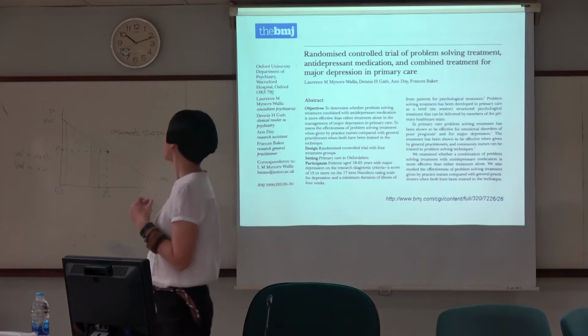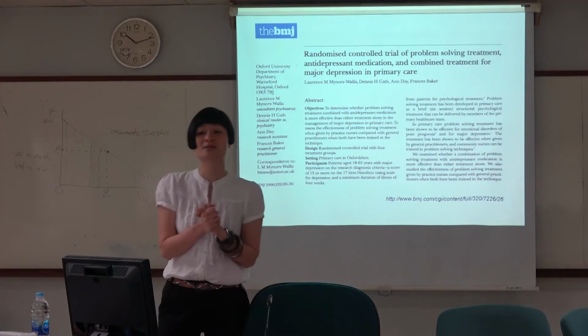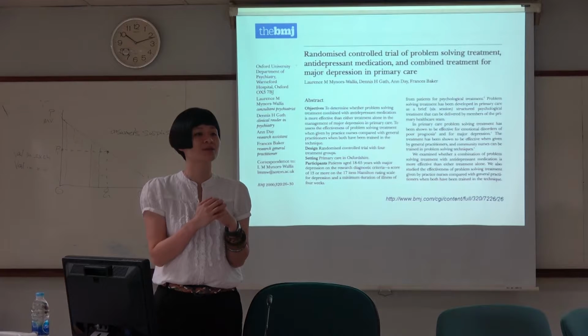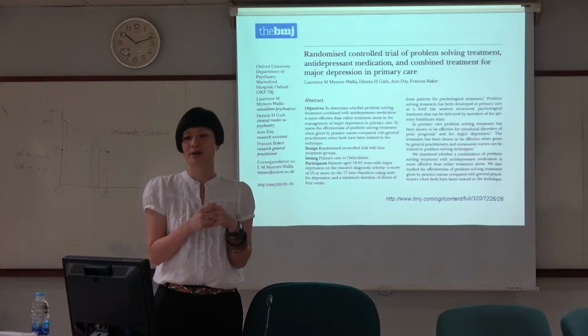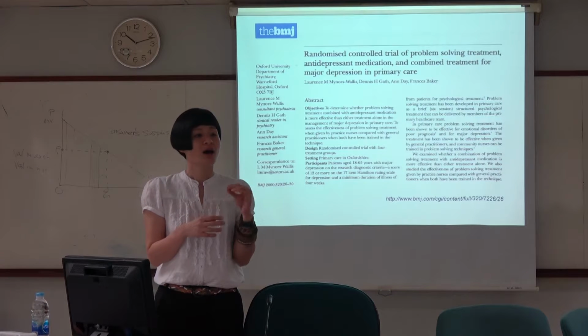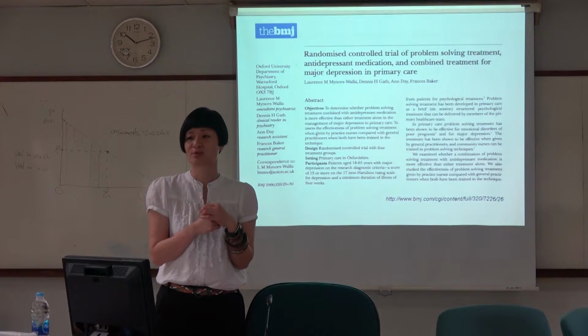I'm going to give you 15 minutes to get together and talk about whether you would consider the study to be high, moderate, or low risk of bias according to those domains.